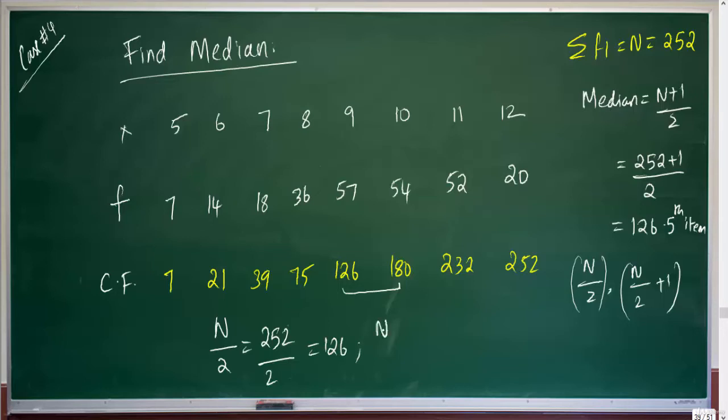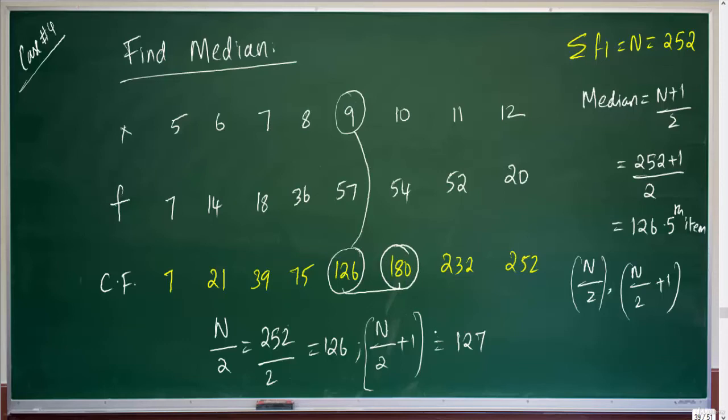And what about n by 2 plus 1? It is 126 plus 1, that is 127. Now we have to trace where you have this 126 and where you have this 127. 126 is across the item 9, whereas the 127 moves on to the next data, that is it should come under 180, and for that the corresponding x is 10.